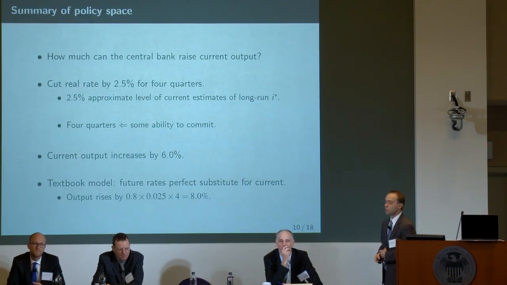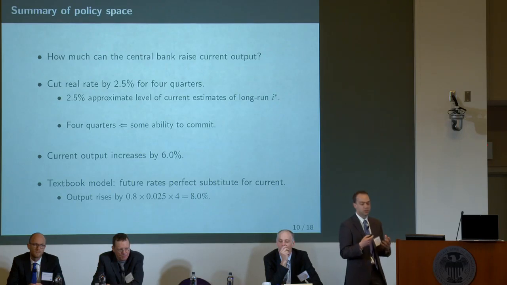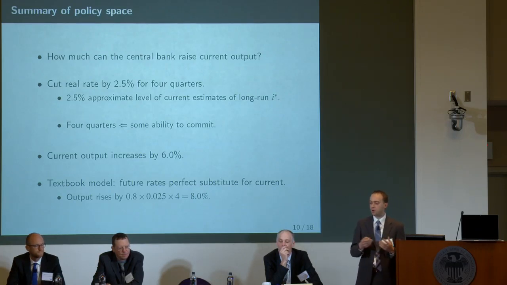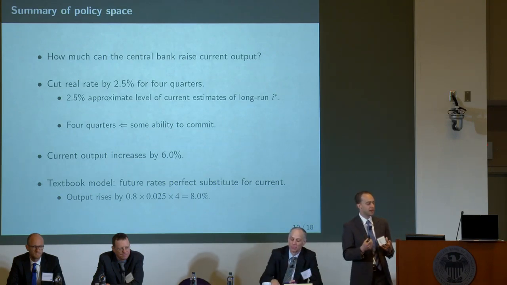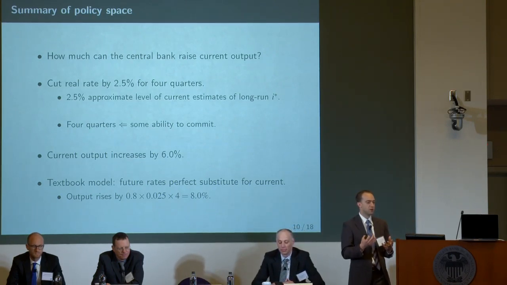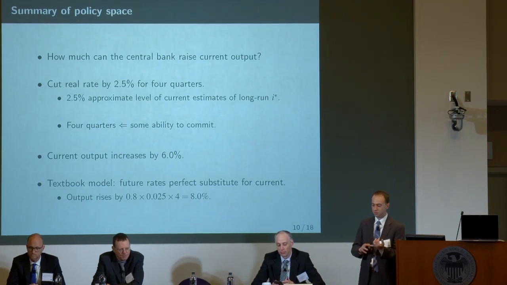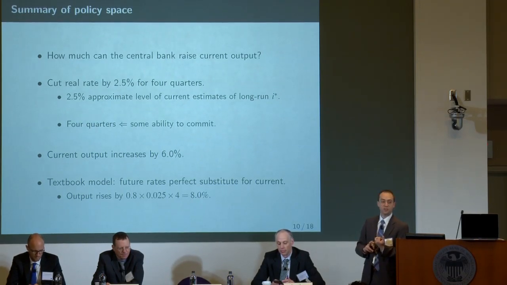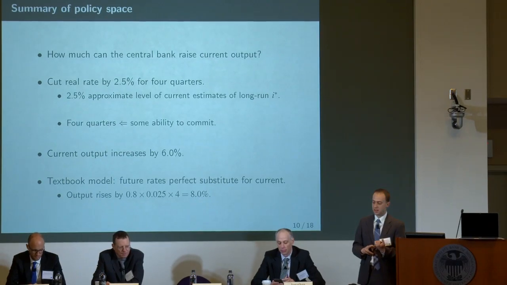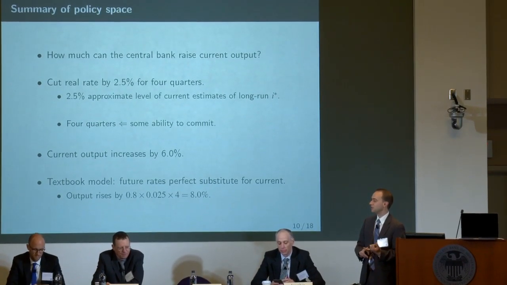So I'll use the following calculation to summarize how much policy space there is. How much can the central bank raise output by using all of its ammunition, if you will, right now? This is just a rough calculation, but they can cut by 2.5 percentage points, and they can promise to keep it at 0, if you will, for 4 quarters.